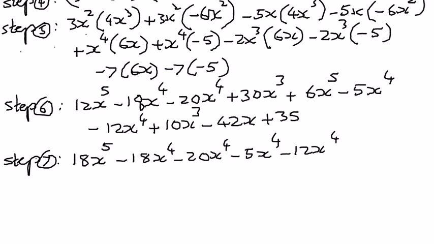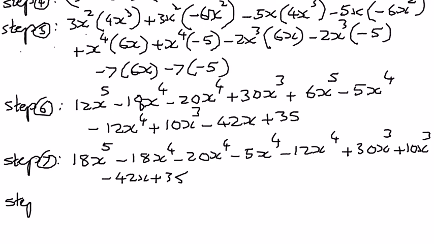These are all like terms. And then we have x to the power of 3 terms plus 30x to the power of 3 plus 10x to the power of 3. Then we have some x terms, minus 42x plus 35. So we'll simplify this some more, and then in step number 8 we're going to simplify this.